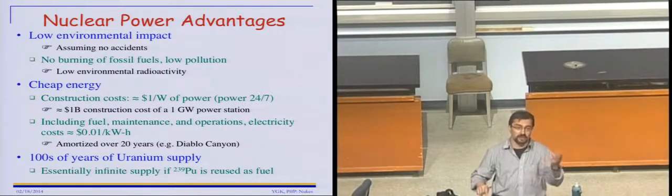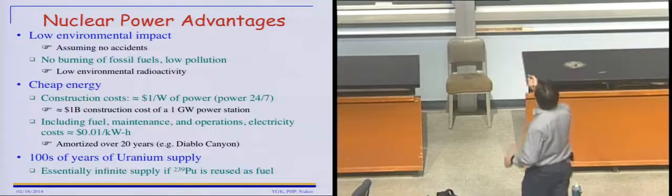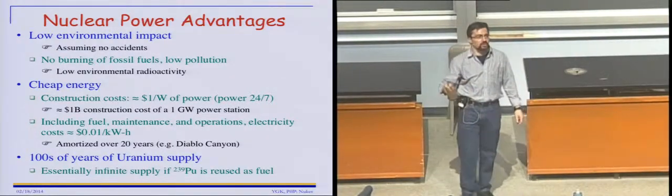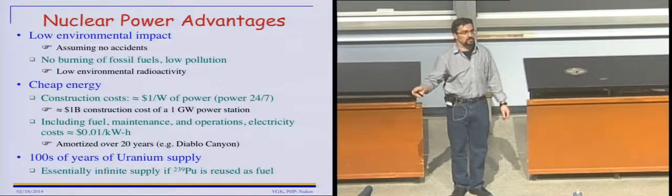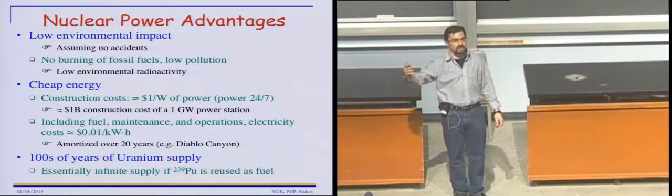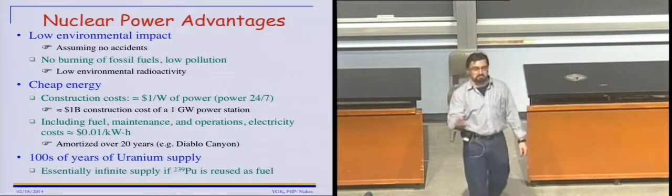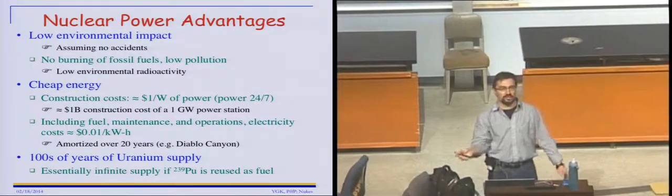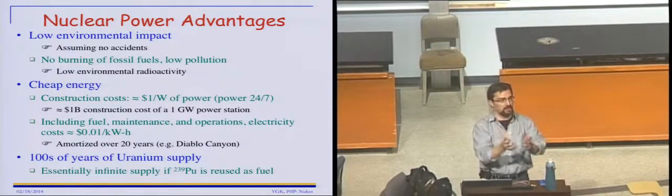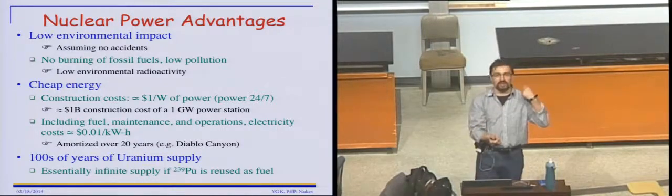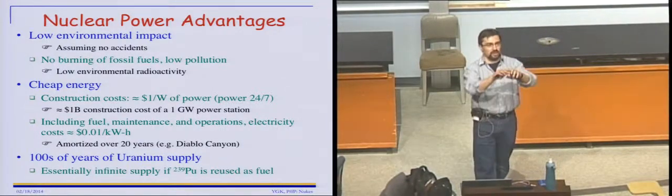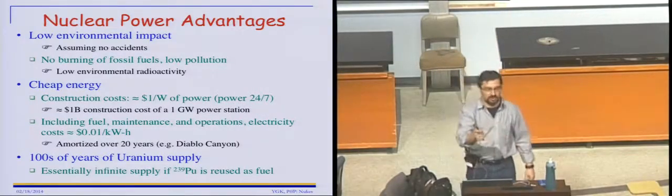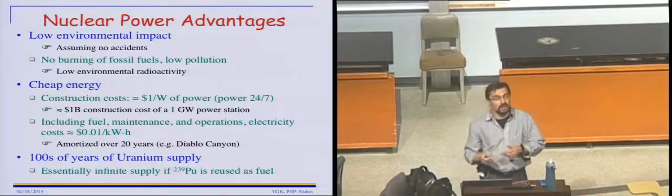Another thing that is important to bring up, you're not burning fossil fuels. The output of the nuclear reactor is steam. In fact, even steam gets recondensed. So inherently, if you capture all of the fission materials and keep them inside the containment dome of the reactor, and then when you extract the spent nuclear fuel, you keep that fuel also in a safe container, and I will show you how safe those containers are.